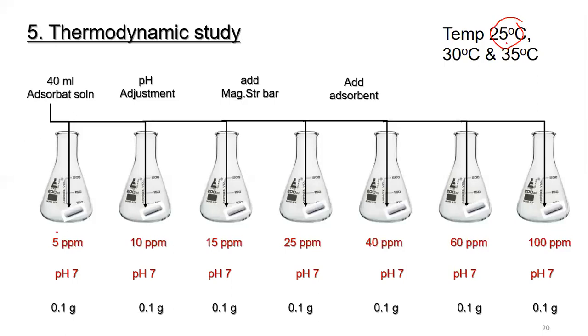Now, how to do it at 25 degrees centigrade? It's very easy. The first one, you take it to the stir plate and adjust the temperature at 25 degrees. If you check inside the flask and the reading is exactly the same, then there is no problem with that.